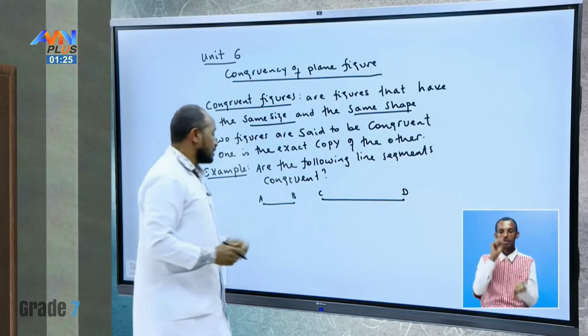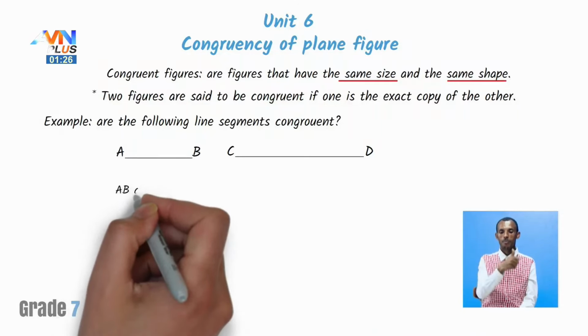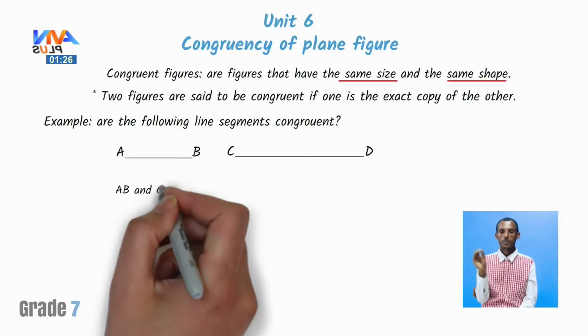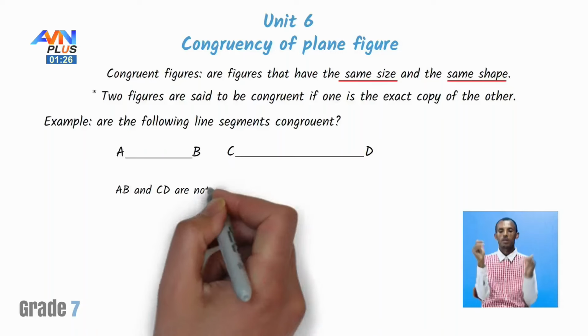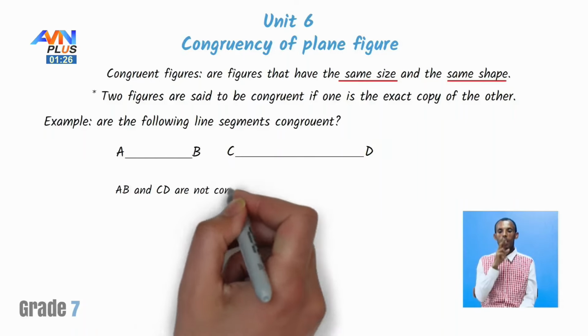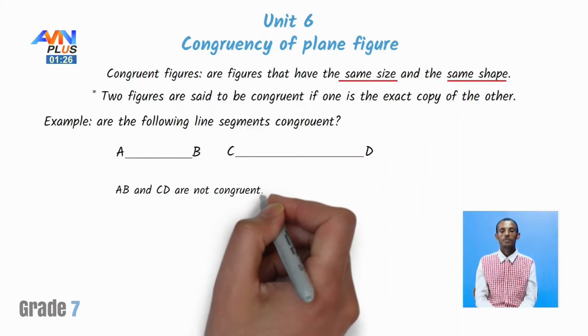So here, line segment AB and line segment CD are not congruent.